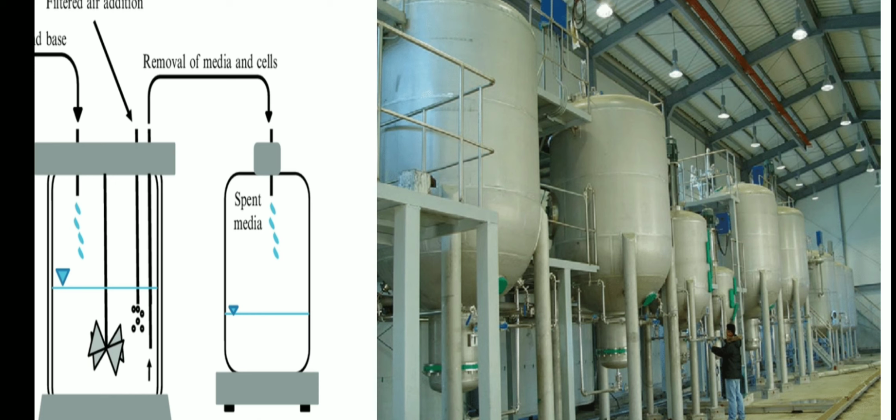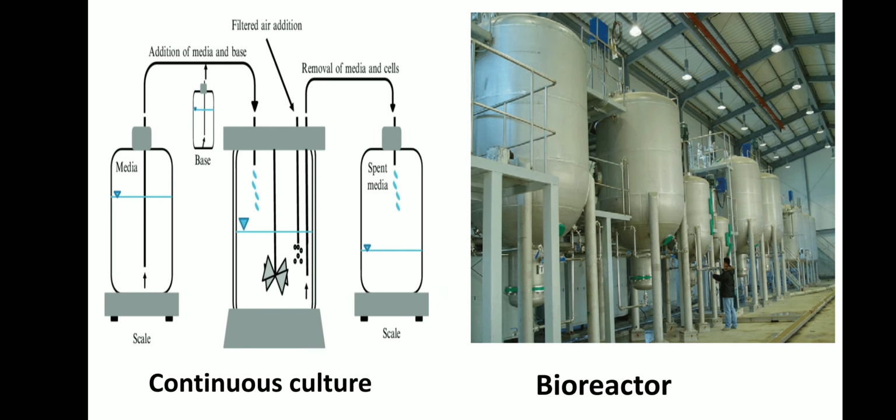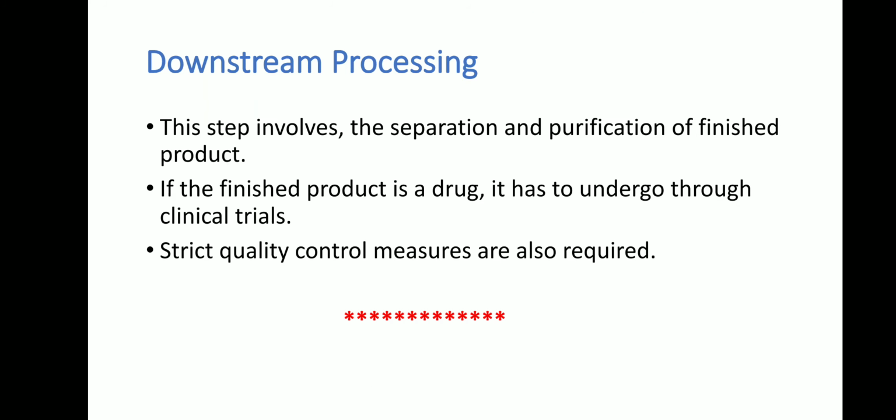Then we add the culture media with transgenic cells. Then after a particular time period, the product is produced in this bioreactor easily. Various industrial bioreactors are used.